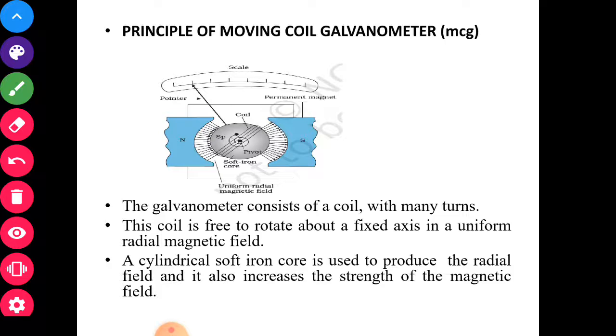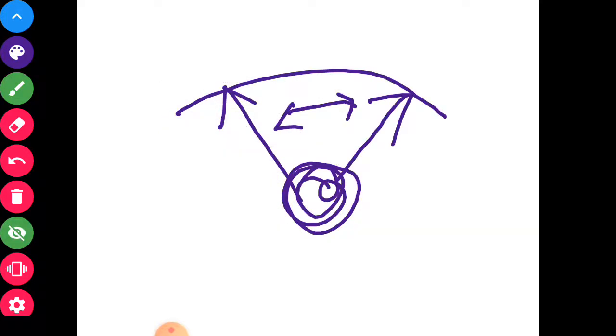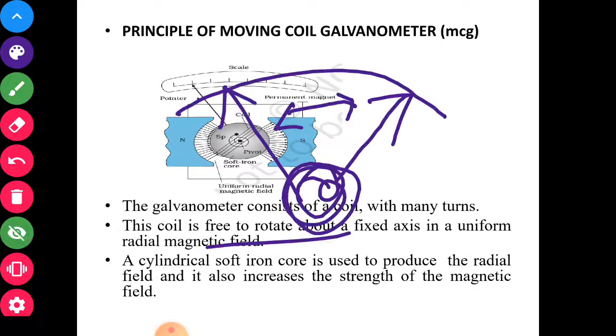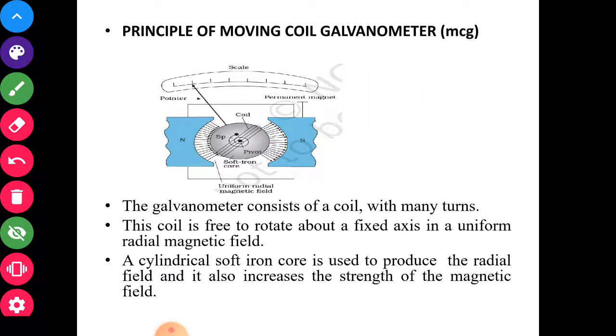Say for example the coil is rotating towards the left side, then the pointer will come here, and this central spiral circular spring is going to provide the restoring torque in the opposite direction, means in the right hand direction. So there will be equal and opposite torques, and because of this the pointer will have a steady deflection.